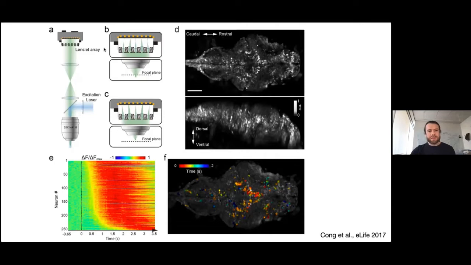Again, the optics are more complex than in the schematic, but the idea is that each of these lenslets in principle sees the sample from a slightly different angle, and allows you to then approximately reconstruct the three-dimensional sample. So you can see that here in the case of a zebrafish brain, dorsal view, side view, with activity patterns. And they use this for imaging in freely swimming animals.